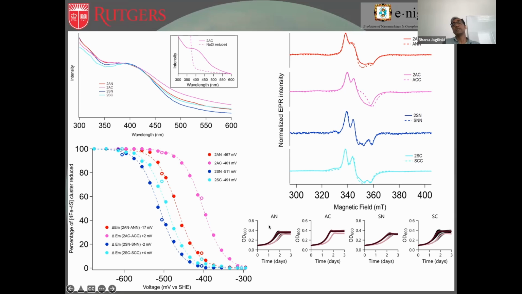To address that, in collaboration with the Rice University collaborators, we expressed these half ferroxin genes in a mutant bacteria, which otherwise cannot survive, where the sole source of sulfur is the sulfite ion. So the only way this mutant bacteria would survive on such media is to have a functional ferroxin gene.